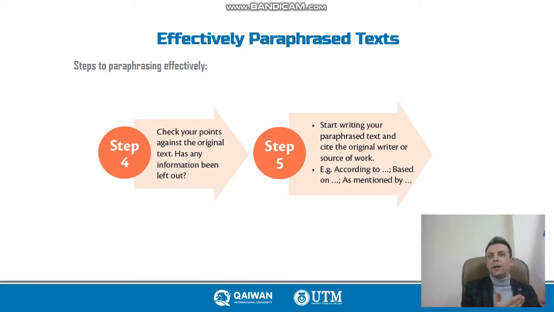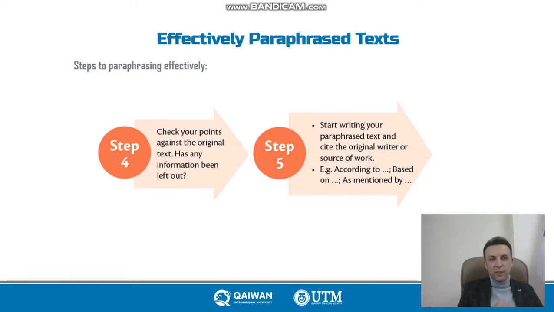It's almost like making an outline of a text that you're going to present. Once you're having a lecture, you find, for example, a piece of article, you take notes, you make an outline for yourself, and then you use your own language. You use your own words and sentences to explain the same thing. This is all you need to do for these steps of paraphrasing.